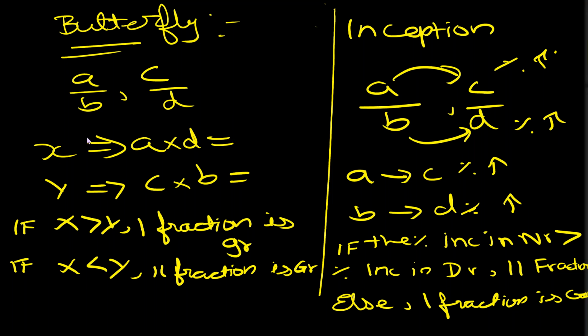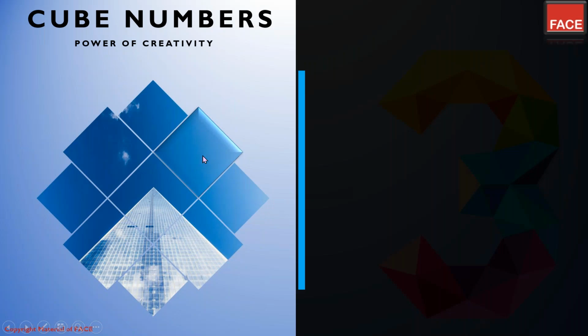Okay, fine, super. So now we are going for cube numbers. In cube numbers, we have four conditions.